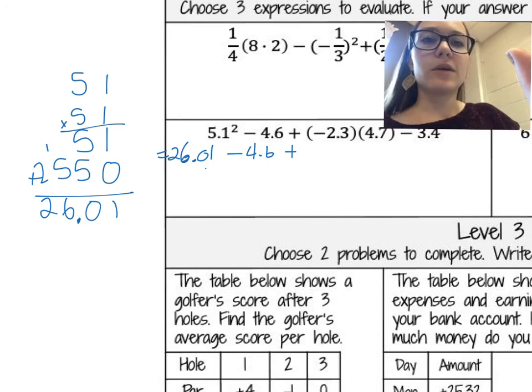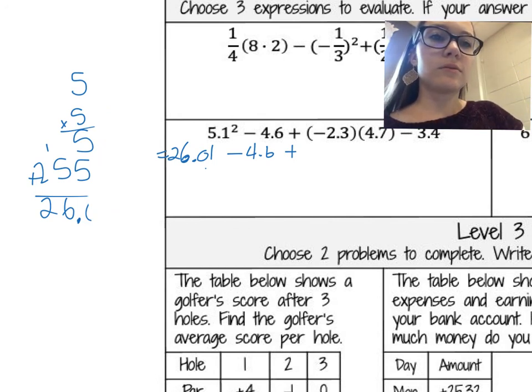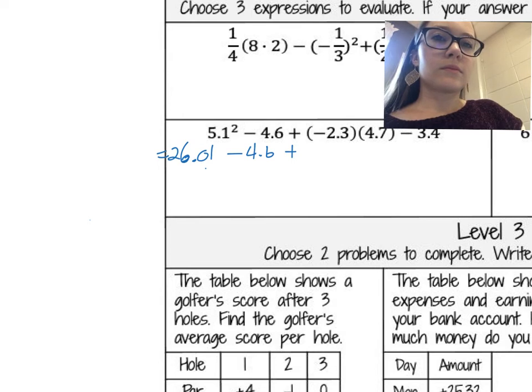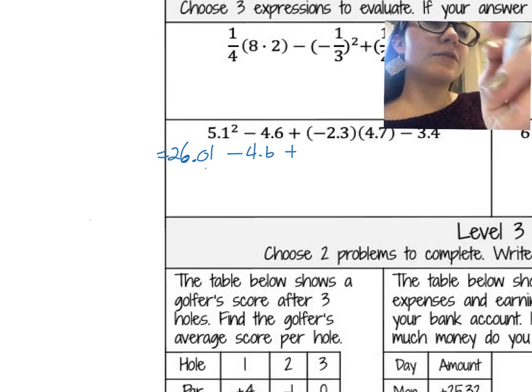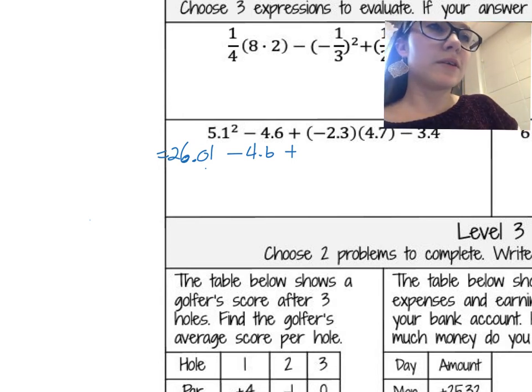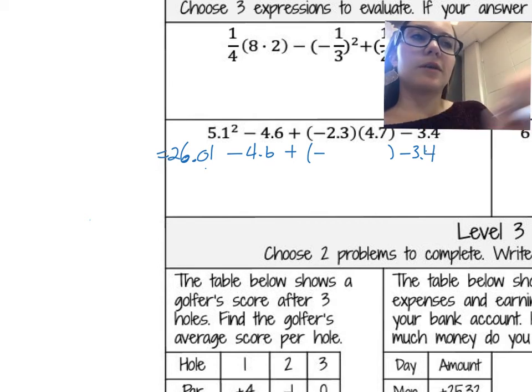Okay, then I have to do my multiplication. I have negative 2.3 times 4.7. That's going to be a negative. Okay.